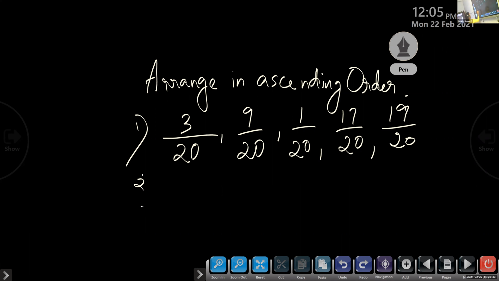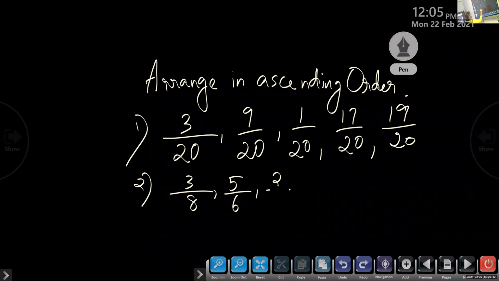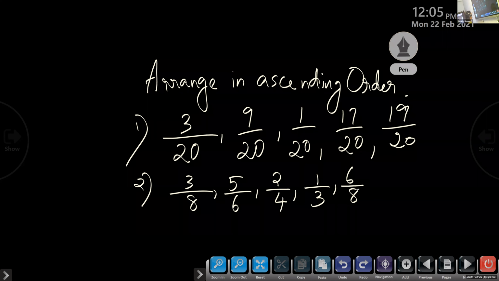Children, you have to make the denominators the same for 3 by 8, 5 by 6, 2 by 4, 1 by 3 and 6 by 8. First of all, find out the LCM. Then you have to make the denominator the same.